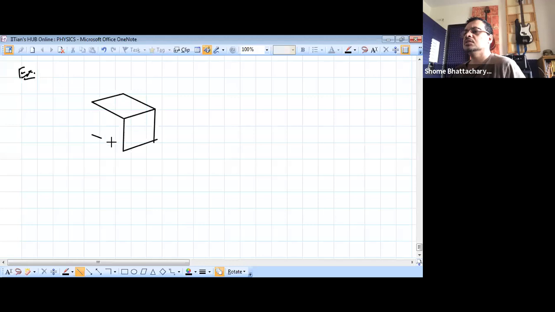So let's say this is some kind of cuboidal box that I have. Okay, now this is lying on a surface like this, on a smooth horizontal surface.